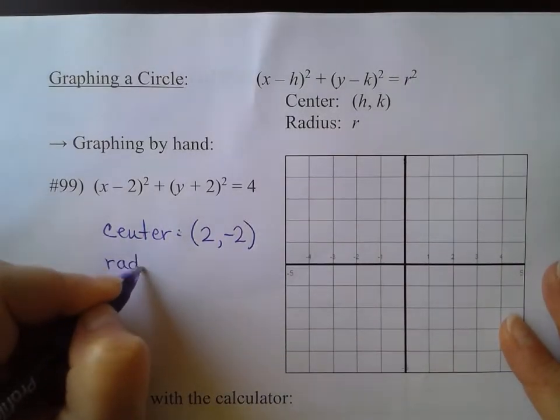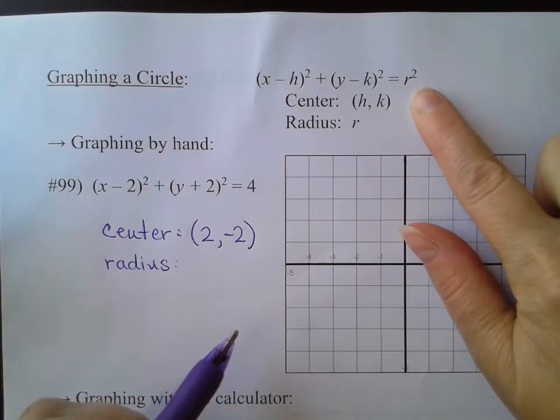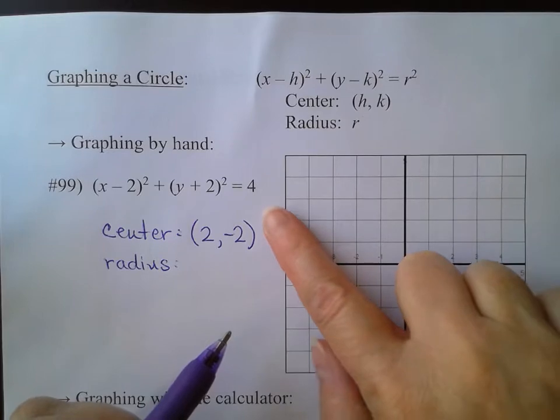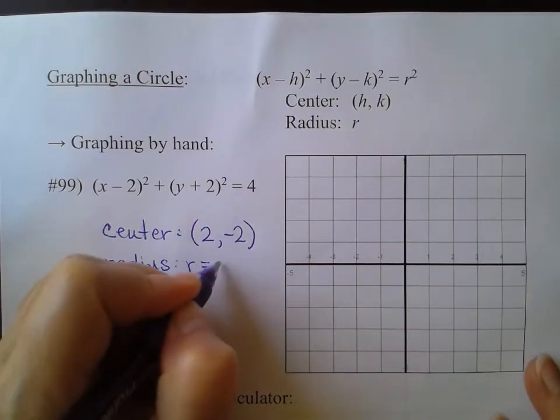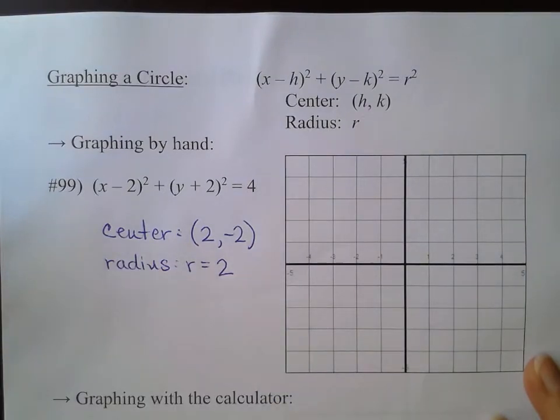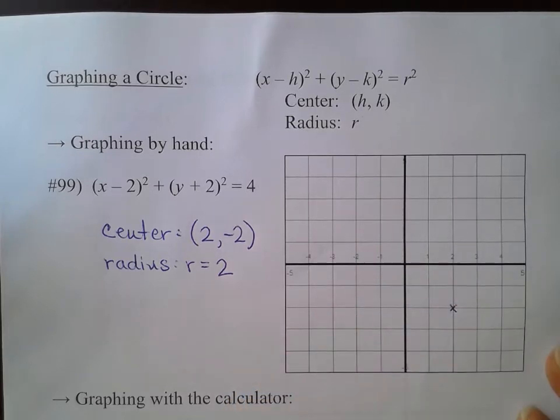Okay, and then the radius. Notice the format has the radius squared. So the radius must be the square root of 4, which is 2, since 4 is 2 squared. So to draw this, I usually put a little X where the center is. That's not really part of the graph, but it is something I want to keep track of, so I mark it.